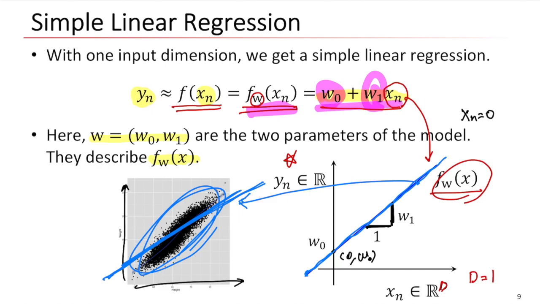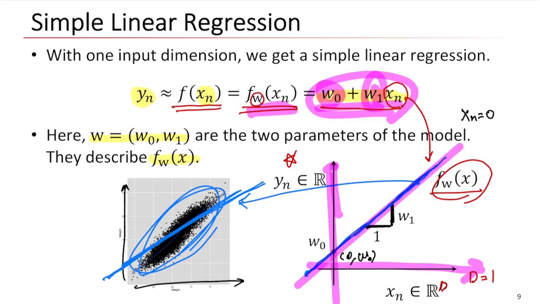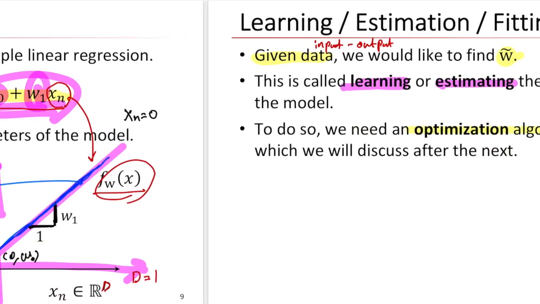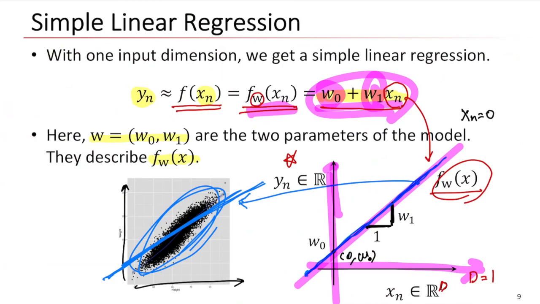So this is the linear equation. It can be represented in this x and y space as a straight line. Okay, so this is the simple linear regression problem setting.